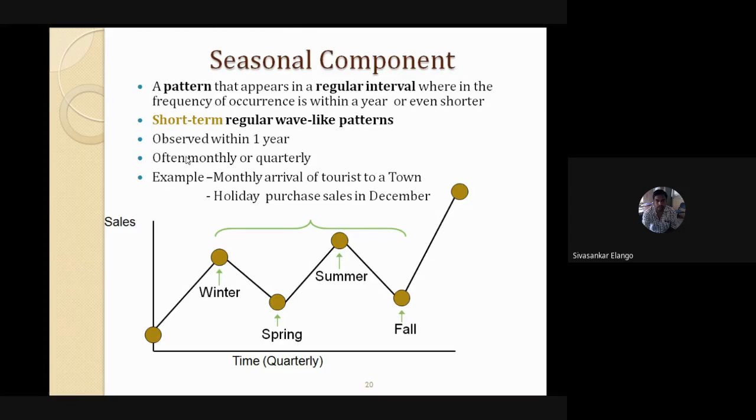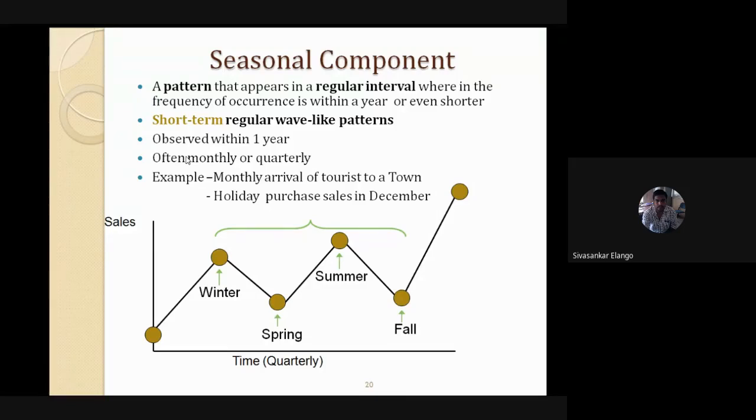If you take tourist places like Srinagar, Kashmir, the peak season will be around March, April, May, June. Again, there will be some weak season over a period of time, and again people will come in November, December, January. There will again be a peak season. So whenever you have some short-term regular wave-like patterns, we call it the seasonal component.